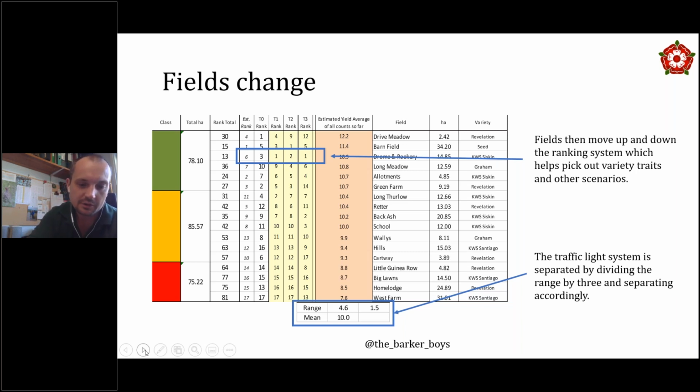That was due to poor establishment at the start. The range is from 12.2 to 7.6, so that's a 4.6 ton range. Divide that into 3 and split it down into your categories, and that's how the categories stay, for how I then adapt my yield for my investments going forward.